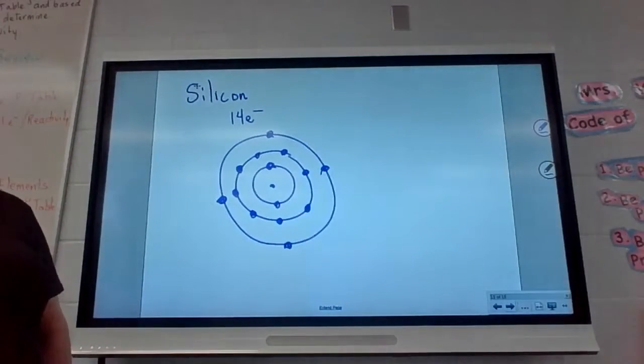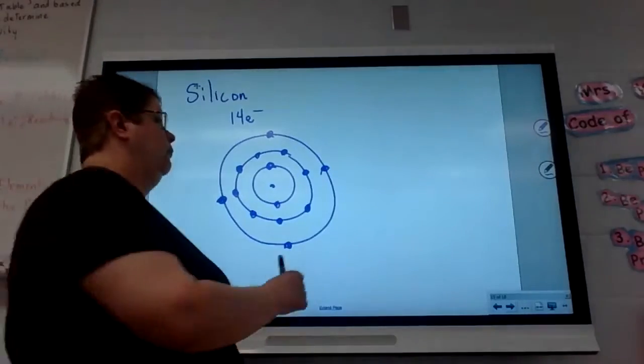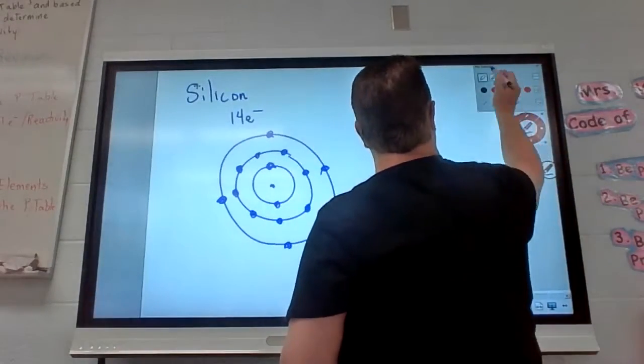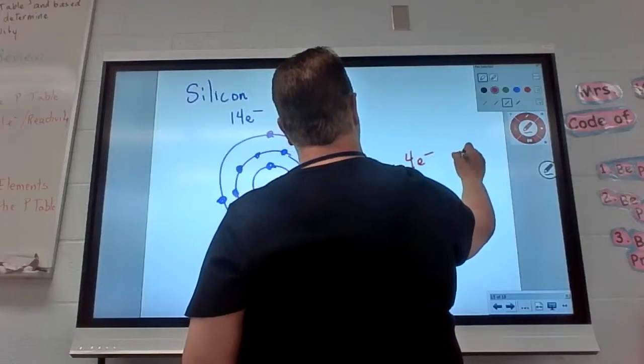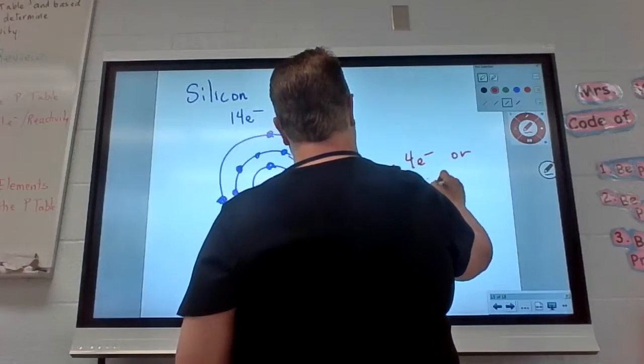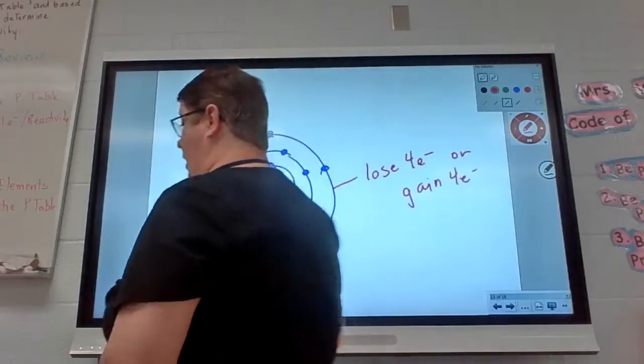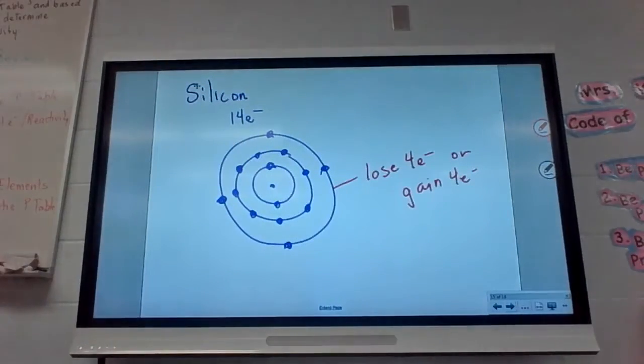What happened when you had 4 electrons? That's right. It could do either or. It could choose to lose 4, or it could gain 4. Because we said yesterday we had no way to know which would be easier, right, Diavion?